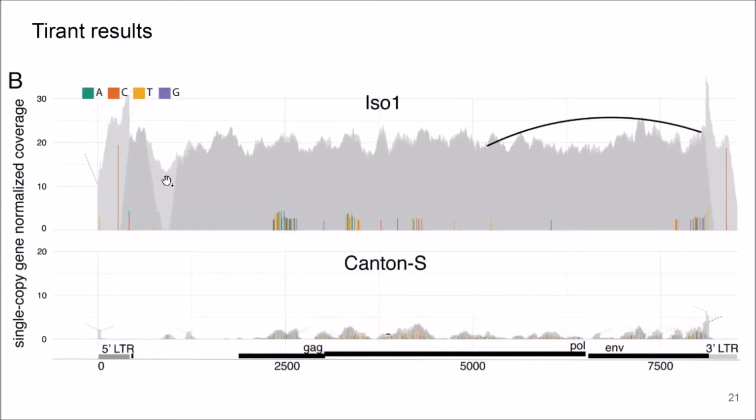While in ISO1 we have a lot of gray areas, so a lot of sequence, and it's also generally a lot more continuous. So it seems like the whole sequence is present similarly. So this would indicate that we have, again, 2 different types of insertions, old ones that are decayed and not active, and new ones that are close to the consensus sequence and active. So I will refer to these 2 ideas as consensus and degraded types of insertions, respectively.